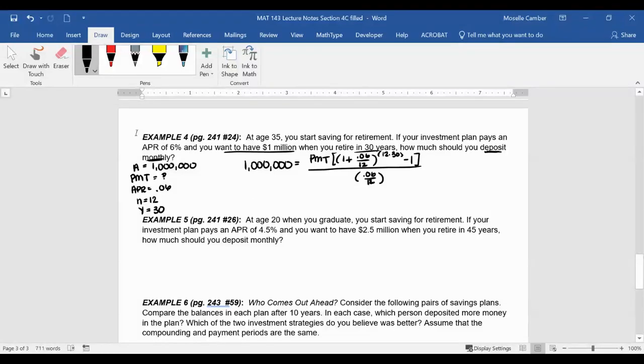Okay, so you put everything after the parentheses. So we have 1 million equals our payment times, we put all that in, and we should get 1,004.515 and so on.